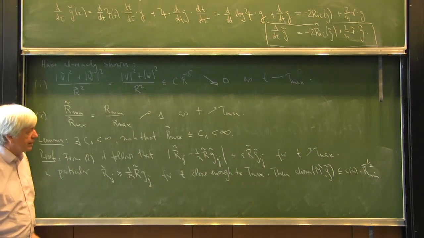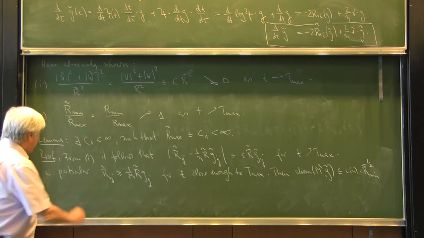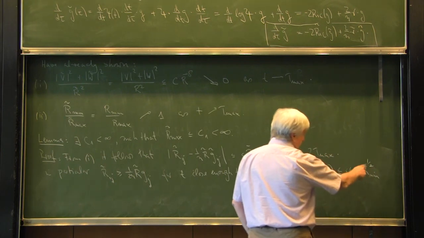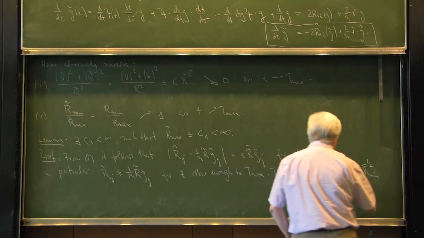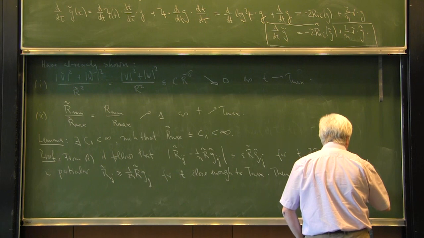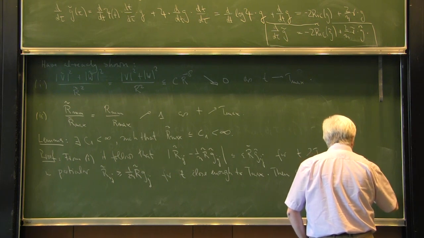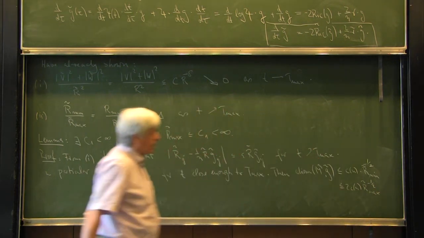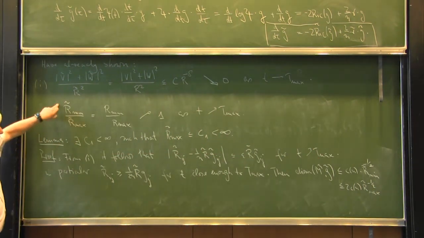But this must mean that the volume, right, and this is of course, say, less than 2c times n times R tilde max to the minus 1/2, because R min and R max are approaching each other.